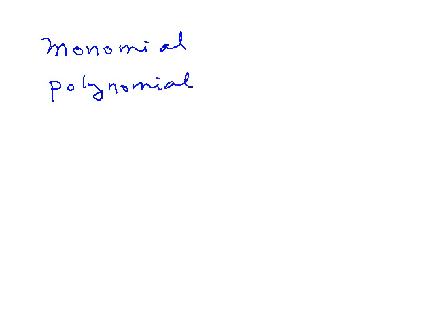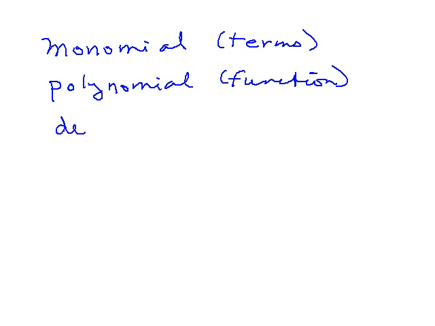So here are the words again. Monomial, and that's a term, the terms that make up the polynomial. Polynomial, again, is a function, where monomials are terms. The polynomial has a degree equal to the power.